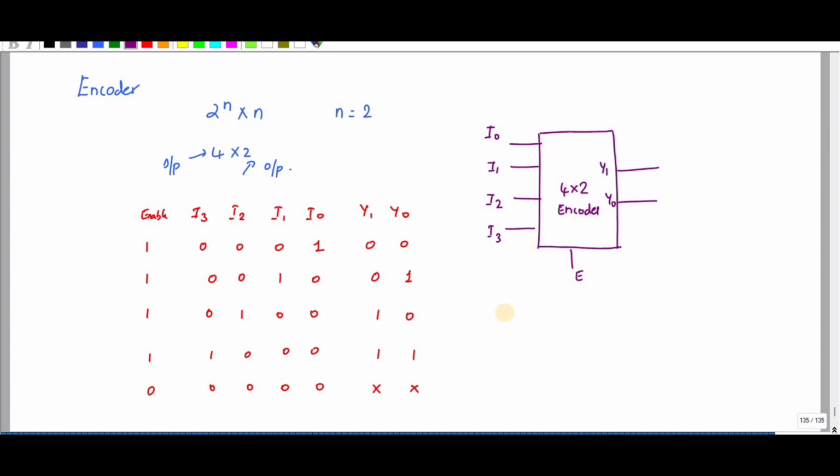So what is the value of y1 now? y1 is 1 for the value of I2 and I3. Here the enable pin is always 1, so it is nothing but I2 plus I3. For y0, it is 1 for I1 plus 1 for I3.